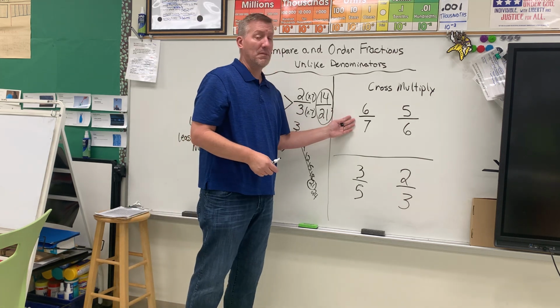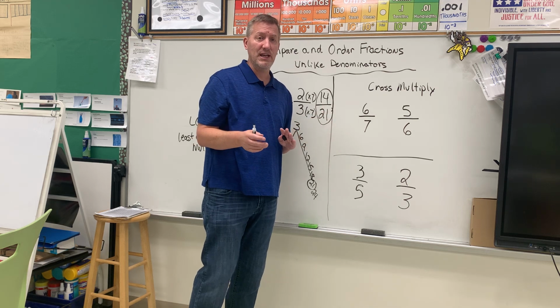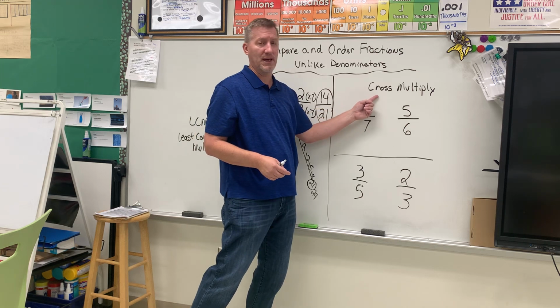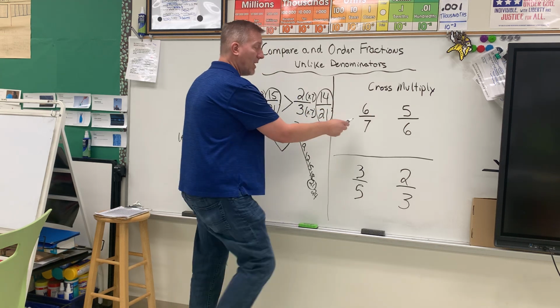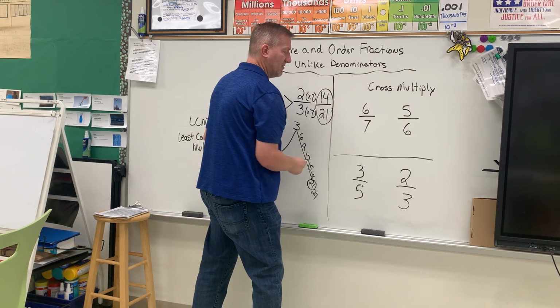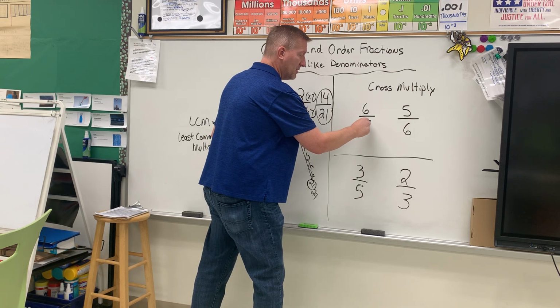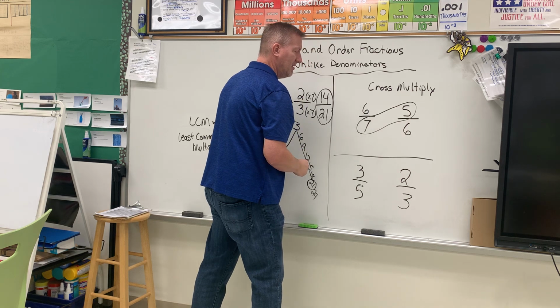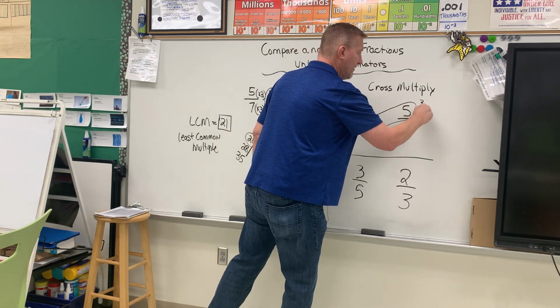Now, a little quicker strategy to use, and this works 100% of the time, is cross multiplying. Okay, so watch how I do it on this fraction right here. If you cross multiply, you multiply these two numbers together and you get 35.